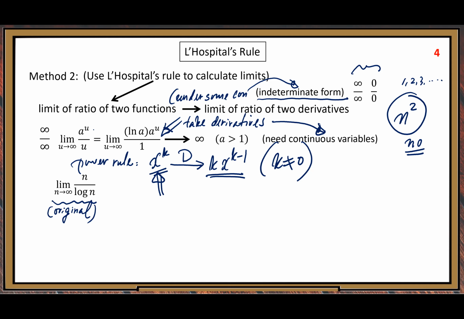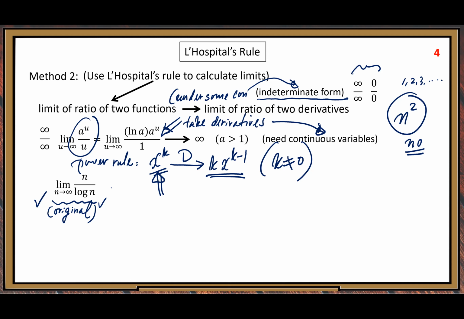This one is not original, it is after variable substitution. But this is the original one. Here, we may like to calculate this limit on the original form directly. As an exercise, let us apply L'Hopital's rule another time on this original limit.